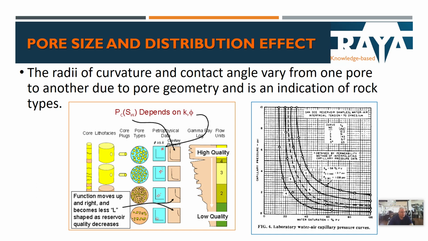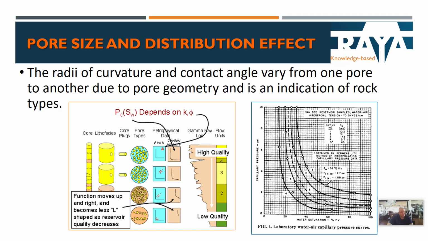For example, from the top you see a very good rock with coarse grains, which has good permeability and porosity, and the drainage curve is a full L shape.